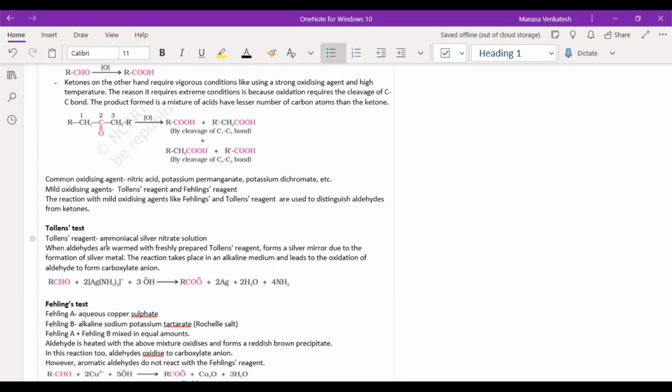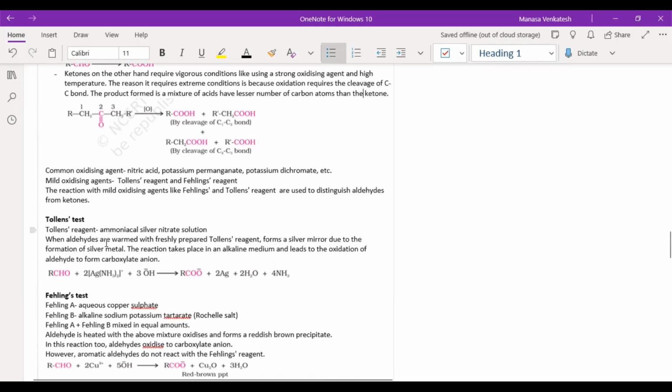It's actually really pretty and quite reflective, and you can see your face on it. So this particular reaction shows that you have an aldehydic group. This takes place in an alkaline medium, and leads to the oxidation to form the carboxylate anion. So the aldehyde undergoes oxidation to give us a carboxylate anion.